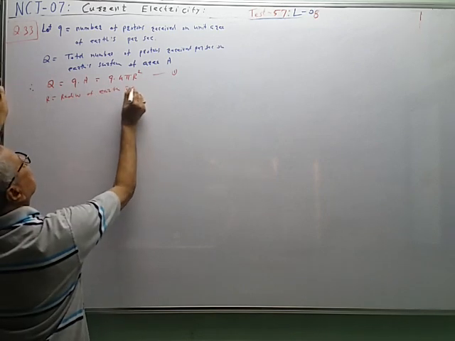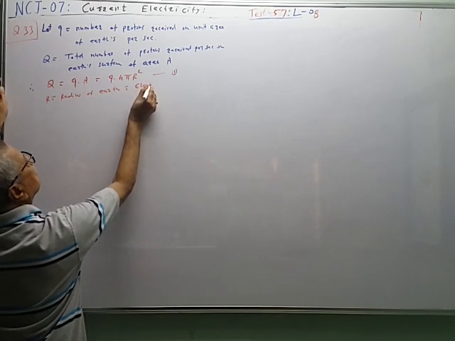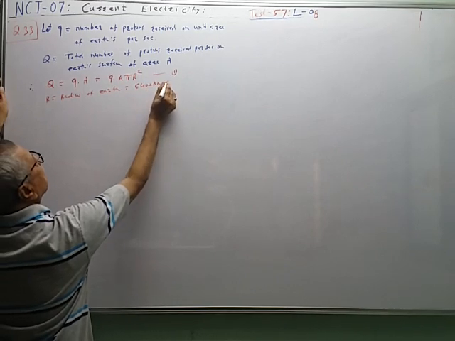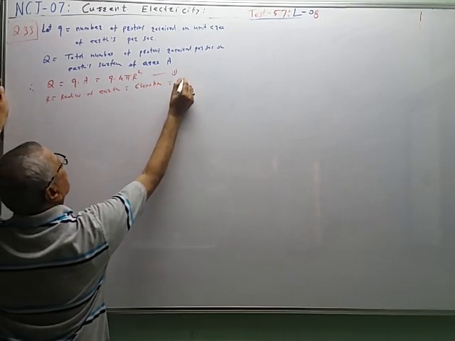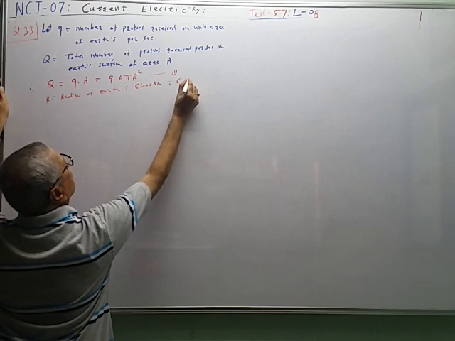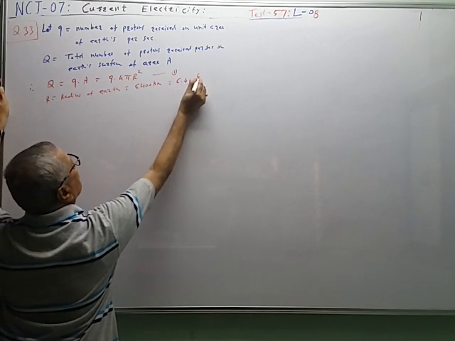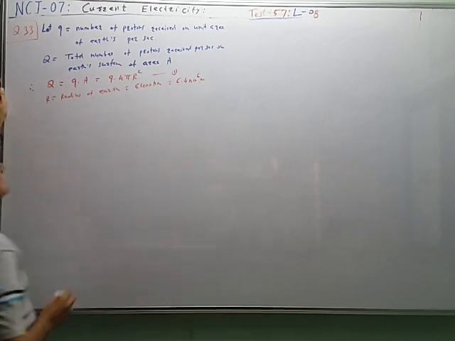Radius of the Earth is equal to 6,400 kilometer. That is equal to 6.4 into 10 raised to 6 meter.